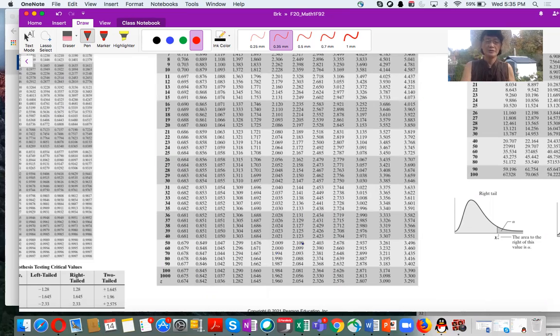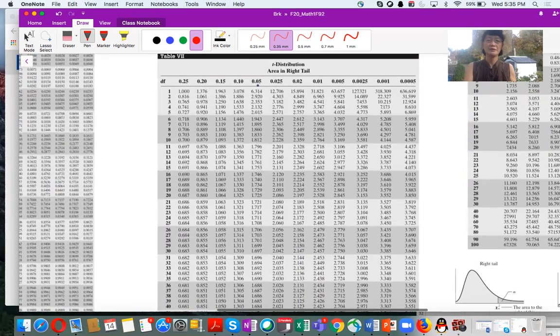Well, now I need to find the p-value. The p-value is here. I can only find the range, not the exact p-value. Okay, so I'm going to say my test statistic is 0.013.